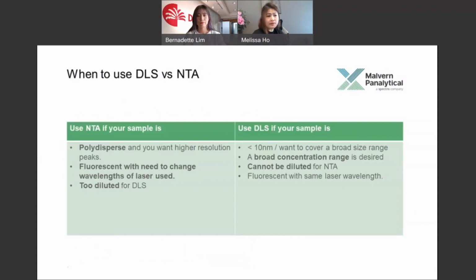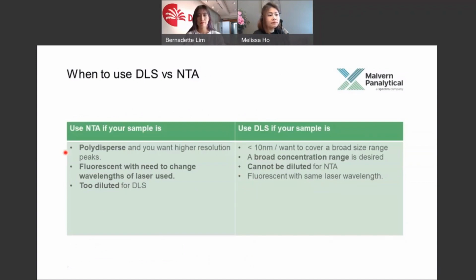This is really to give you a summary of when it is a good time to use DLS versus NTA. So it's really about knowing your sample type also. And obviously, it's what Vern mentioned, the broader concentration range, that's really good if you're using DLS. And then, if you are having fluorescent samples using the same laser length, then you should use DLS.